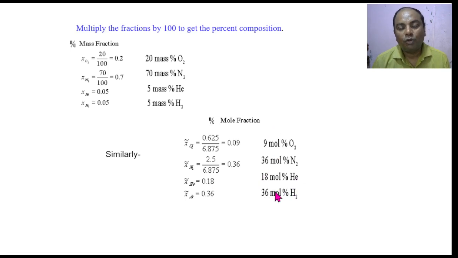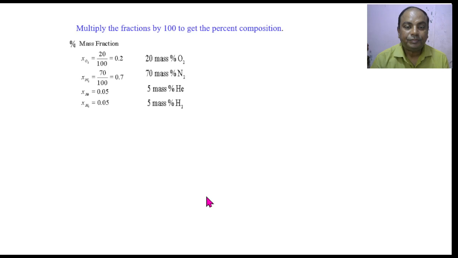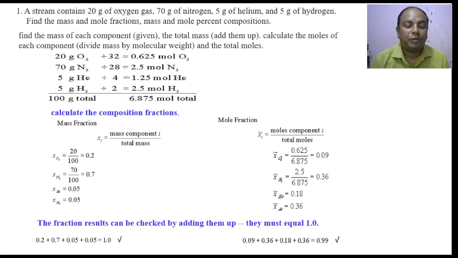Regarding this mole fraction, I would like to let you know that the amount of oxygen you can see here is 20 gram, while the amount of hydrogen was 5 gram, but the mole fraction also comes out to be less. In terms of percentage, it is of course more than the oxygen.